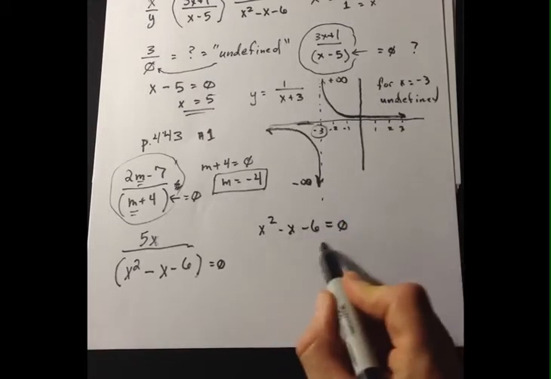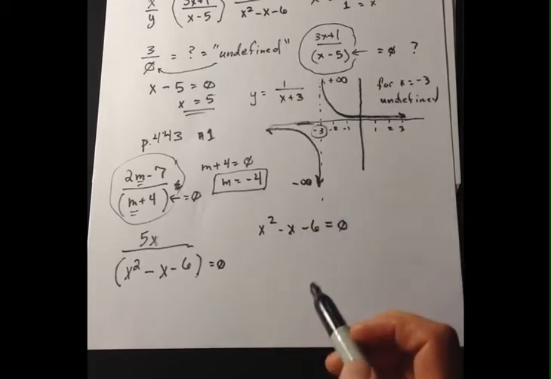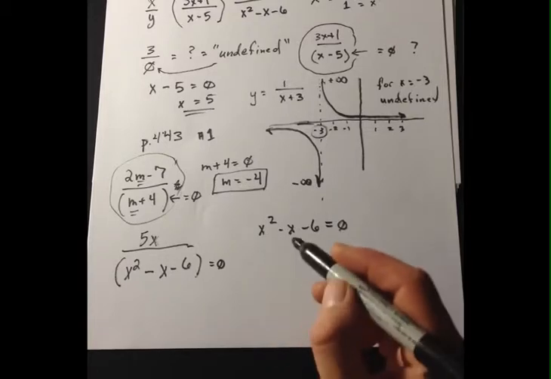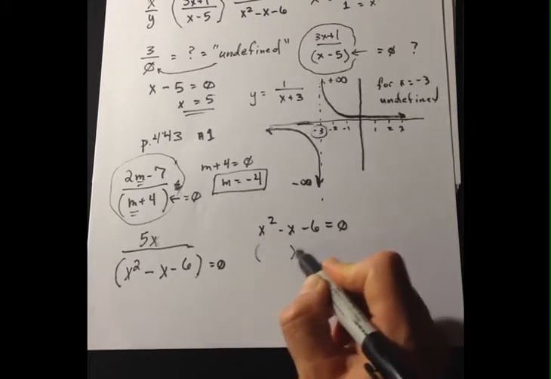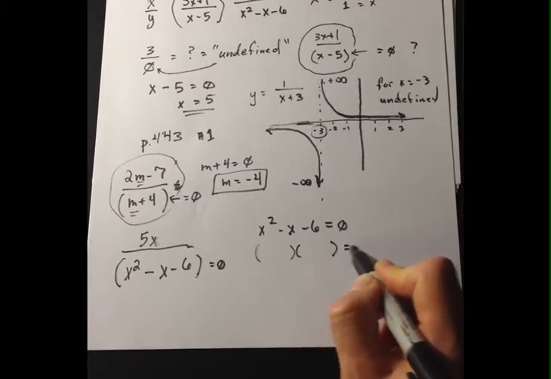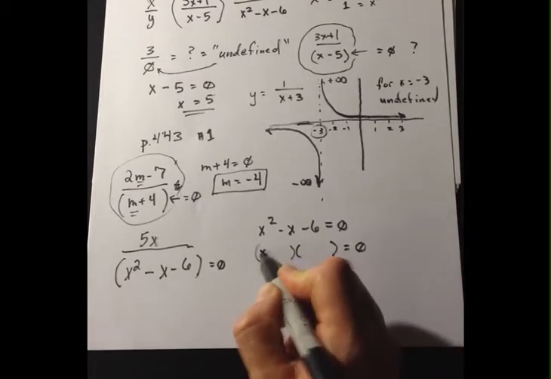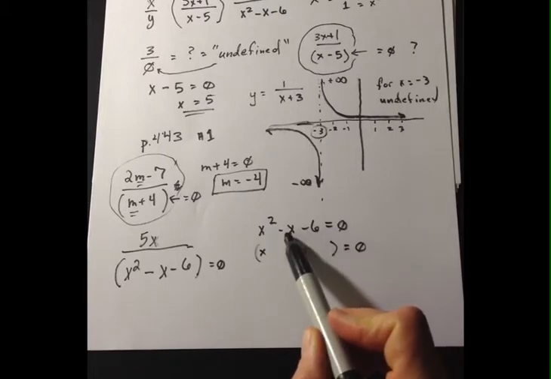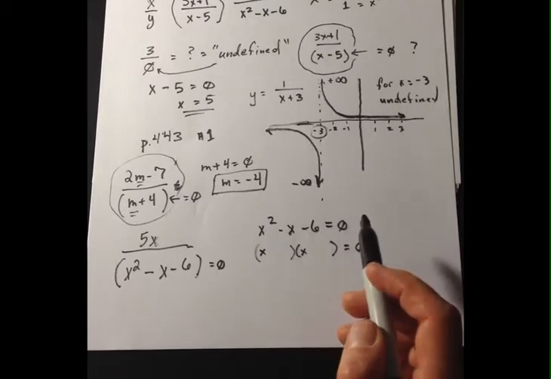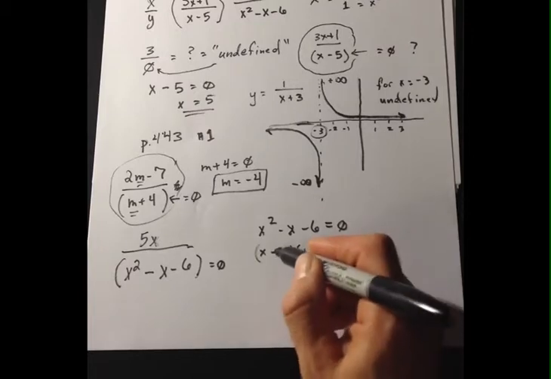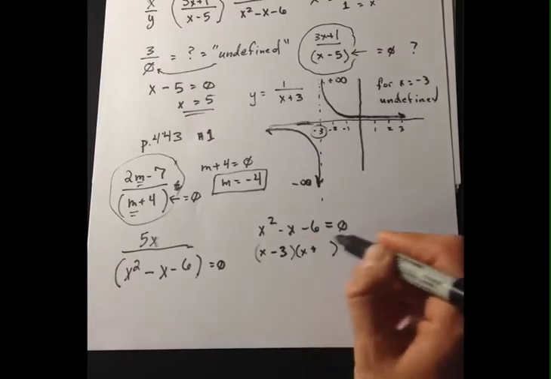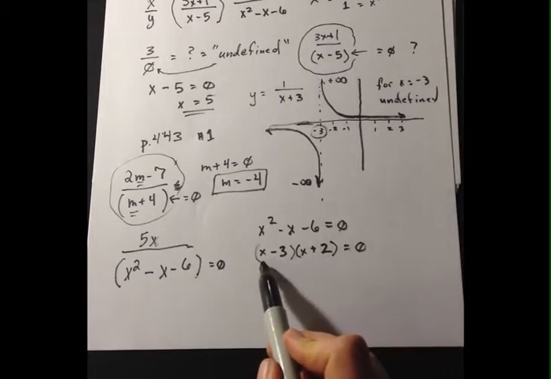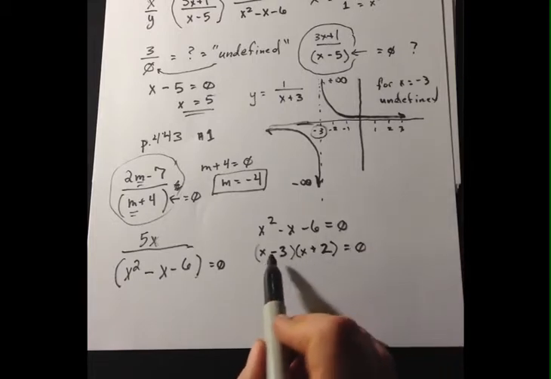And we want to factor this, as always, same thing we were doing in chapter 5. We can do that by breaking this up into two binomials. Let's see, what are my factors of -6 that add up to -1? How about -3 and a +2? That'll work. But that gives us two possible answers for x.